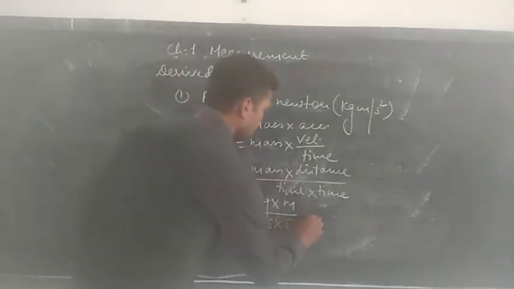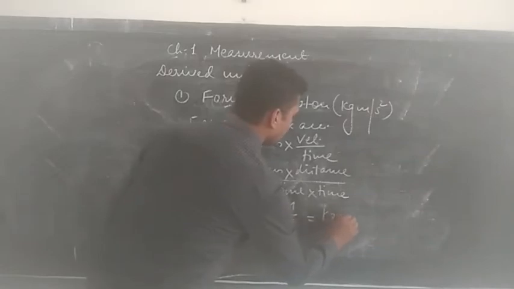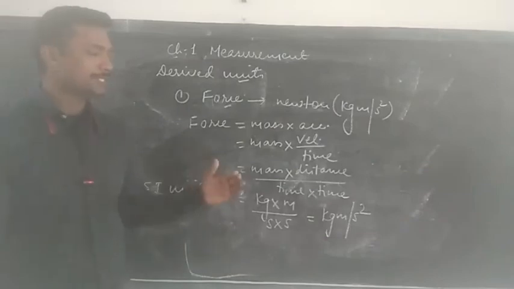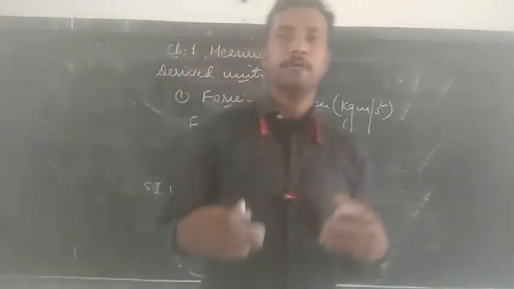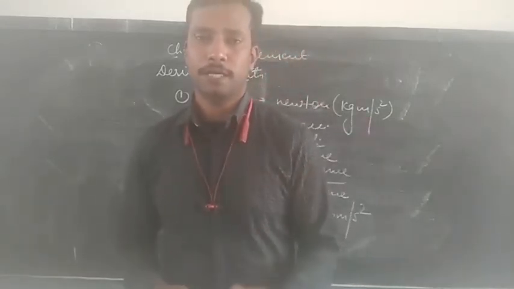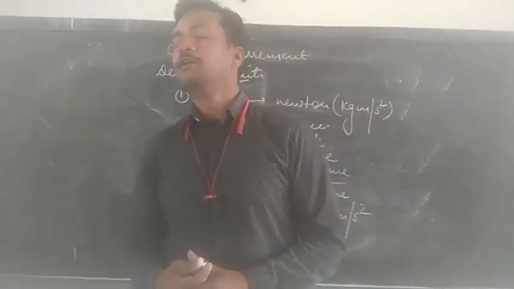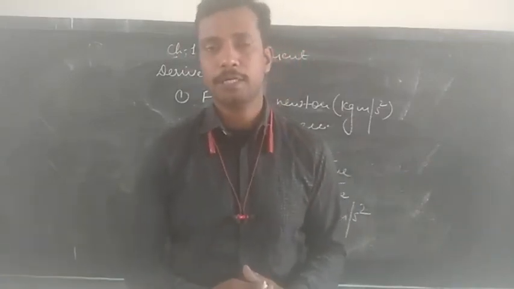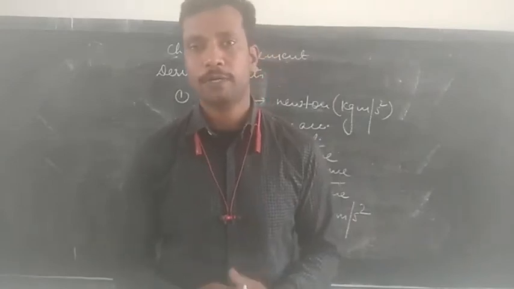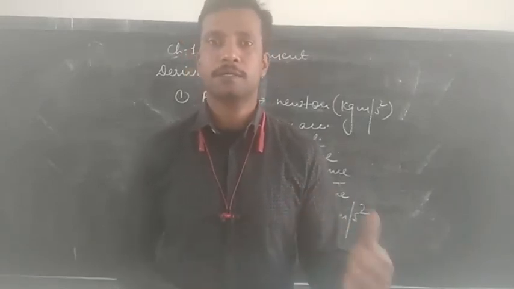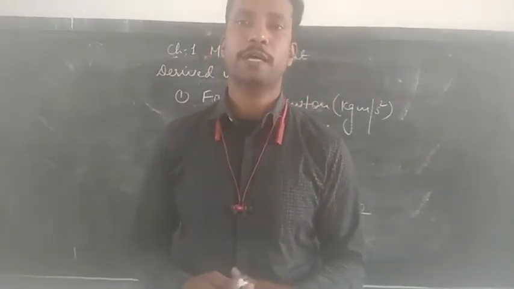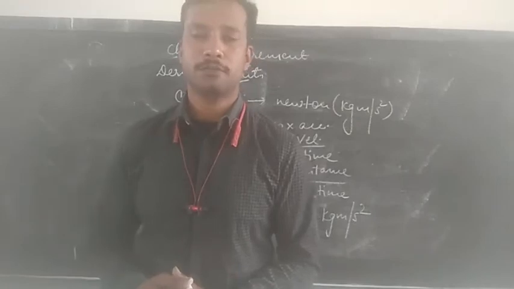So we are getting the final answer as kg meter per second square. This way we can derive several other derived units. The steps are that you first convert the quantities in terms of fundamental quantities, and once you come to that form, write the respective fundamental units. By doing so, you can easily get the SI units.